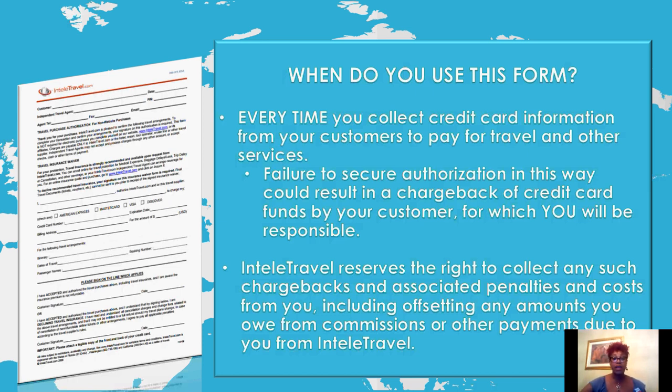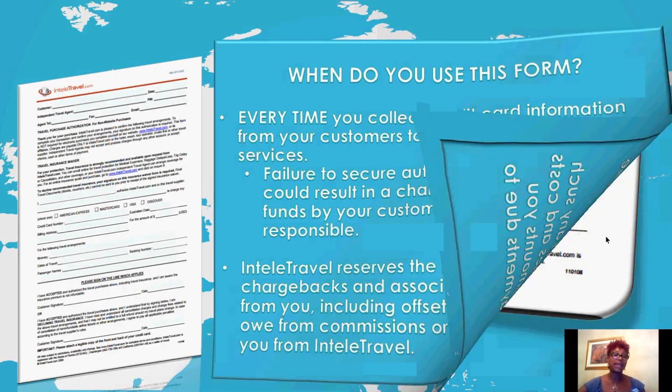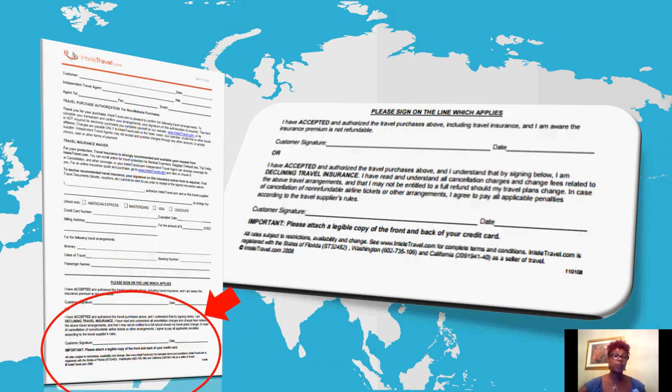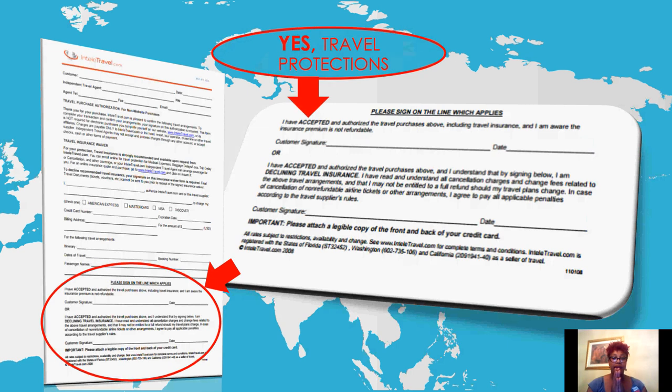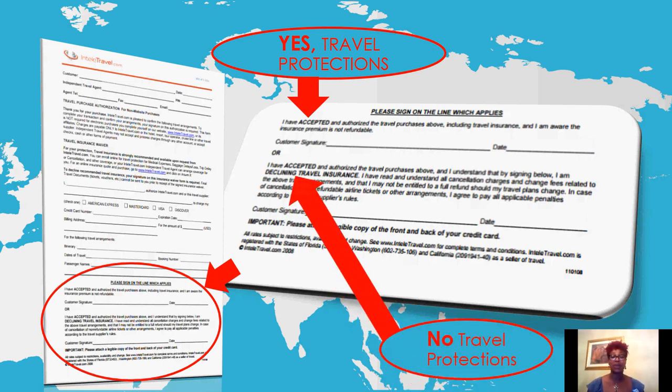Okay, so there's a little trick about this form. Well, there's not a little trick about the form, but there's something I like to explain to you, to pay attention to certain things. This is the lower portion of the form that we're going to be focused on, okay? Now, most of the time our clients are quick to sign the form, guys, and we're so excited about the package, we're so excited about what's going on, that we are not paying attention, okay?